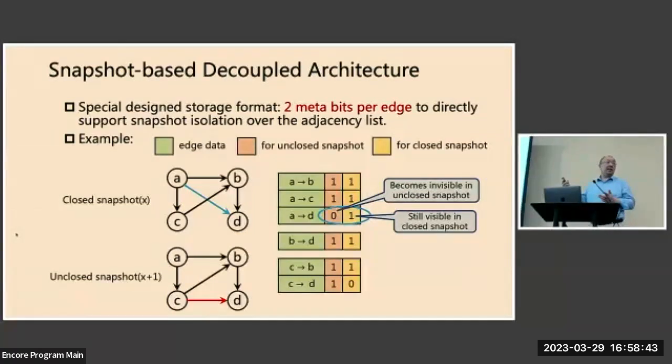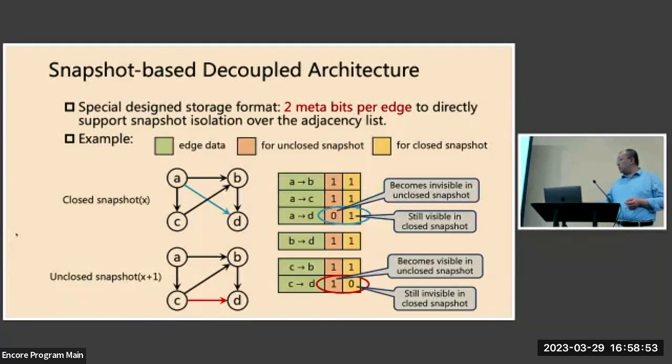It means that at this point, if you run the query, it will still consider this edge as existing in the graph, right? And if you add one, oppositely, you can see that this will be in the unclosed snapshot. It means that we have not generated the index yet. So if you run the query, you will not see that edge, but later you will see it, okay?